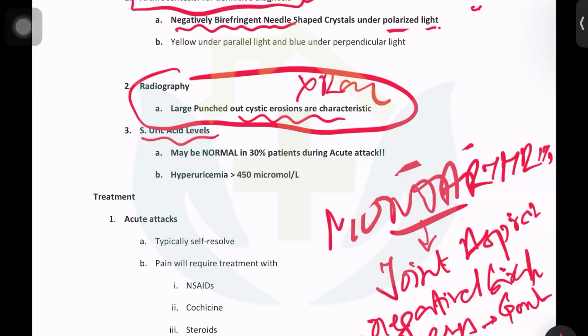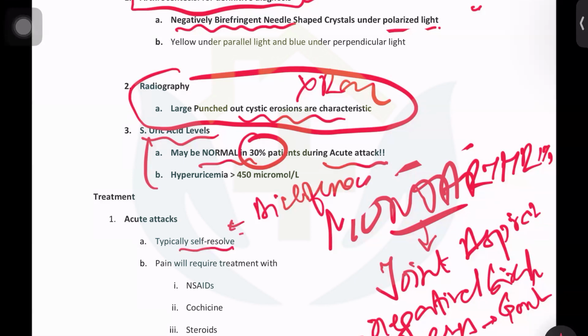Uric acid, usually during acute attack, is normal in 30% of the patients. That means even at a normal uric acid level, you can diagnose acute gouty arthritis. Treatment, you should let it resolve unless it doesn't; add diclofenac, drug of choice. NSAIDs are the drug of choice.